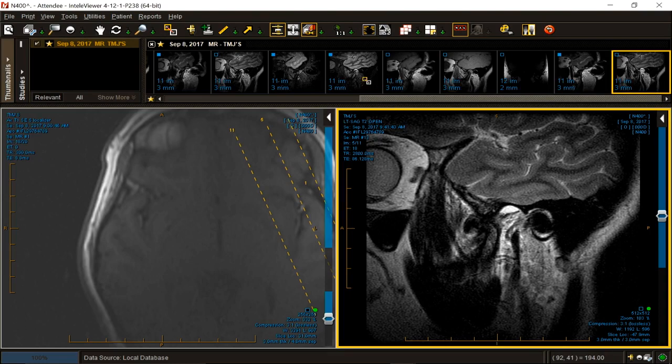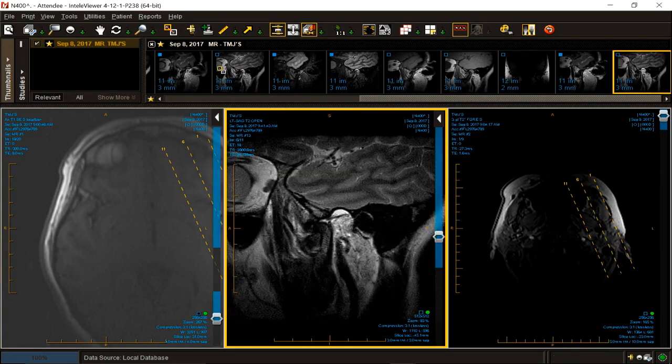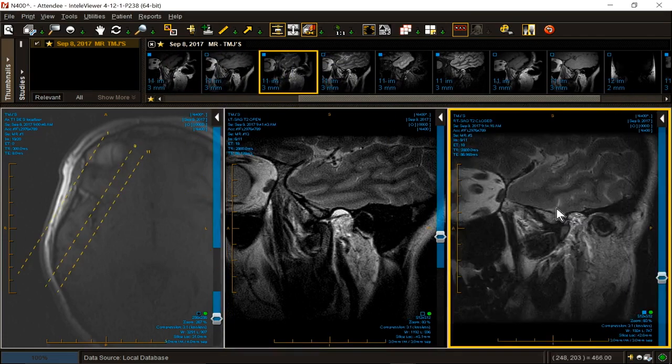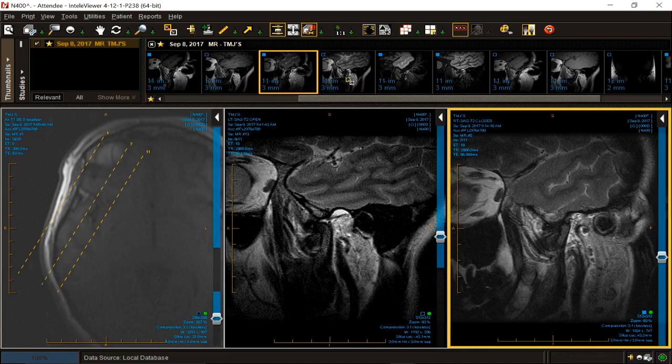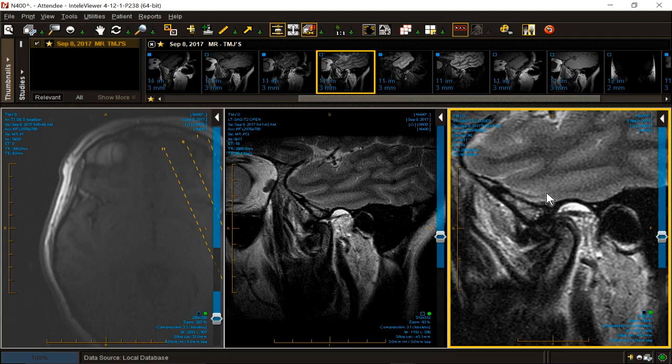So I suggest we go back to, let's three it up. So this is our left side open mouth. Let's go to our left side closed. Whoops. Wrong side. Correct side. So do they move?